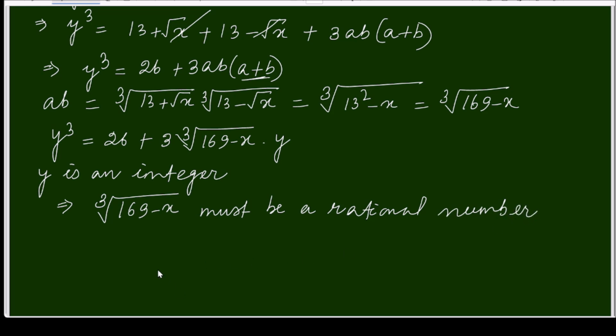So when the cube root is rational, that means 169 minus x is a perfect cube.